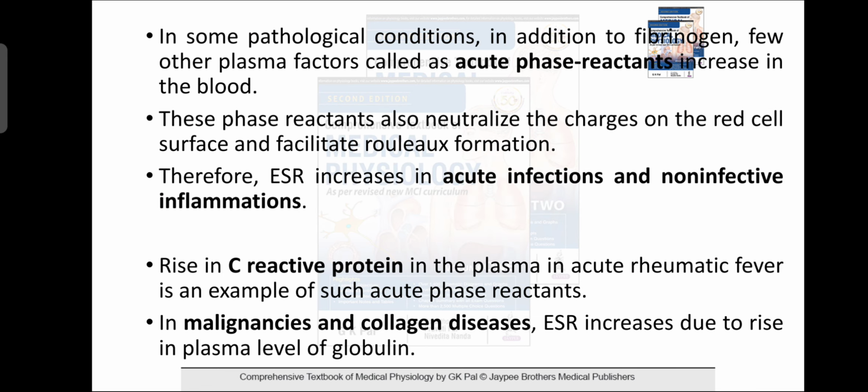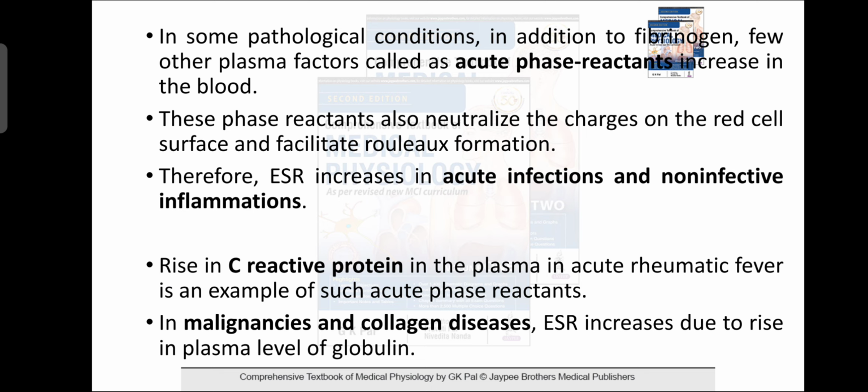In some pathological conditions, in addition to fibrinogen, a few other plasma factors like acute phase reactants also increase in the blood. These acute phase reactants neutralize the charge on the RBC and facilitate Rouleaux formation. These increase in acute infections and non-infectious inflammation. A rise in C-reactive protein in plasma and acute rheumatic fever are also examples of such acute phase reactions.